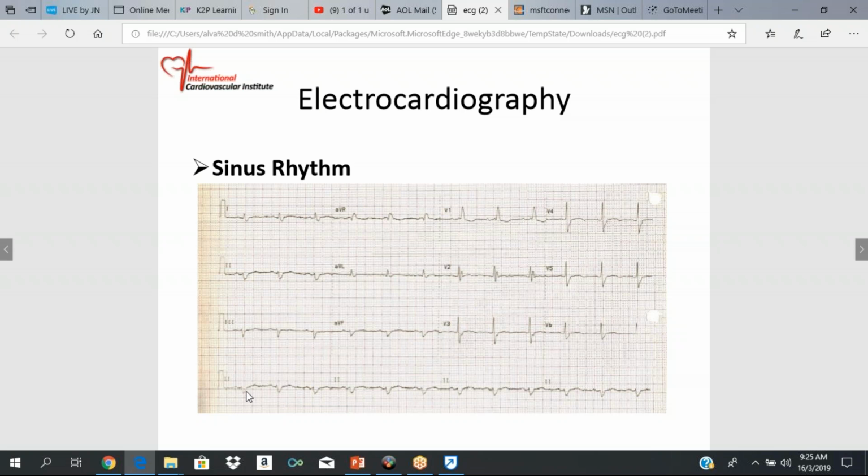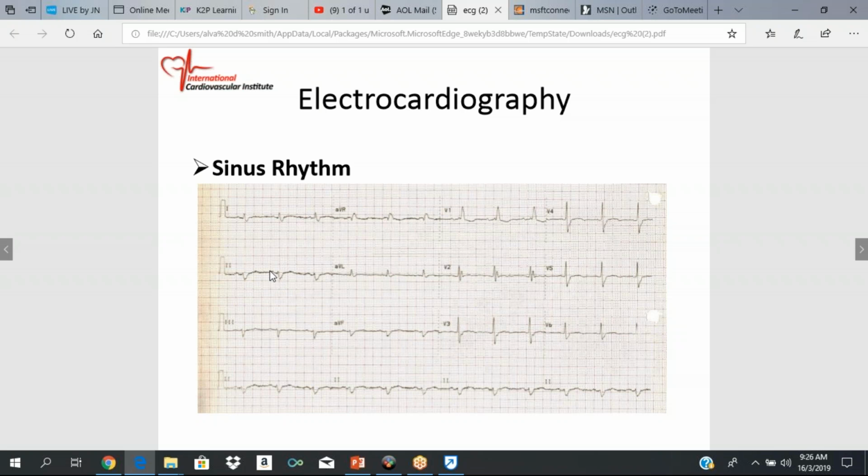And if you look at the rhythm strip or the 12-lead ECG, you can see that each P wave is followed by a QRS complex in a 1-to-1 ratio. What we mean is that every time you have a P wave, you're going to have a QRS complex.